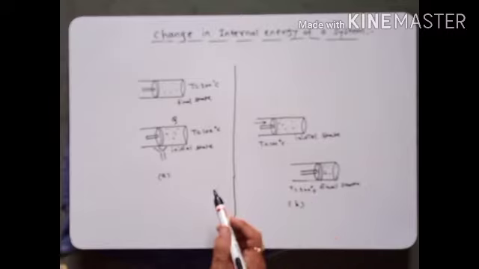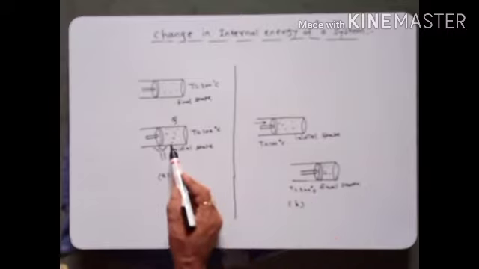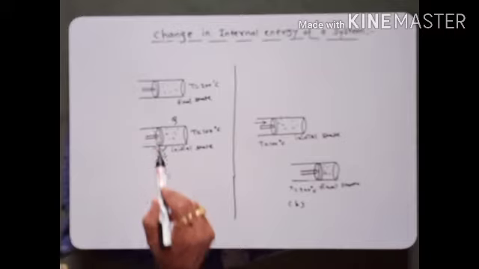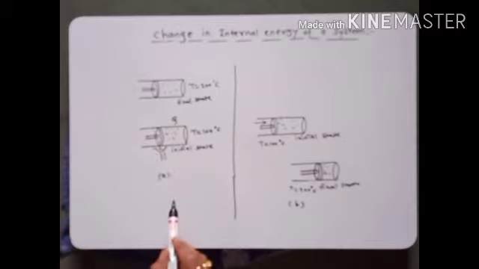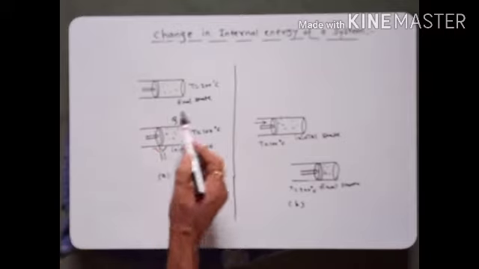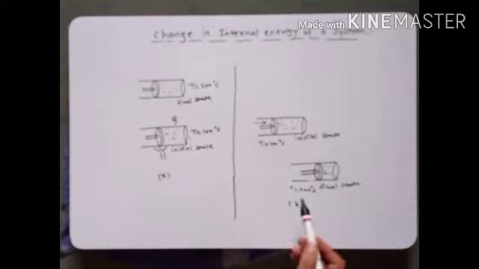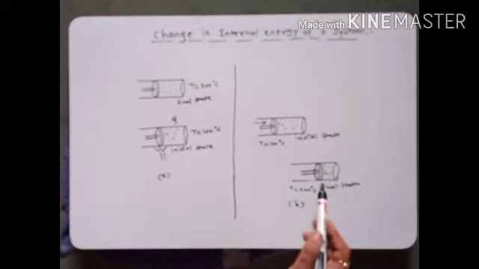Now here you see, heat flows from environment to system, and there is change in internal energy. That means internal energy is increased. Here heat does not flow, but work is done on the system, and therefore the internal energy or temperature is increased.